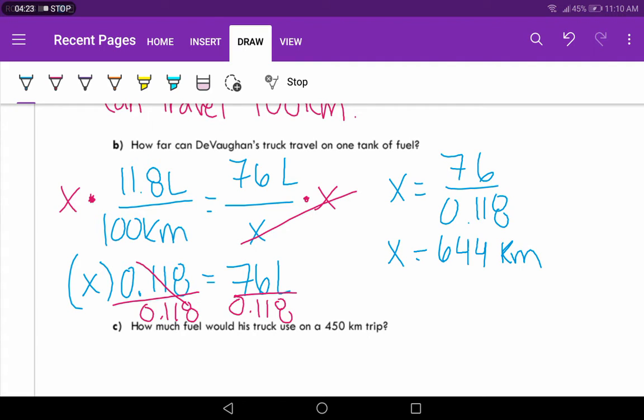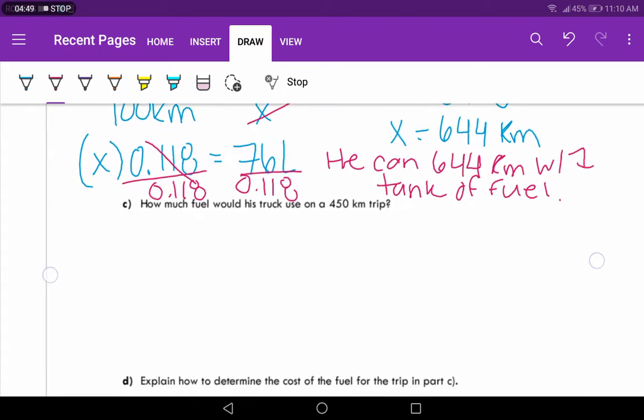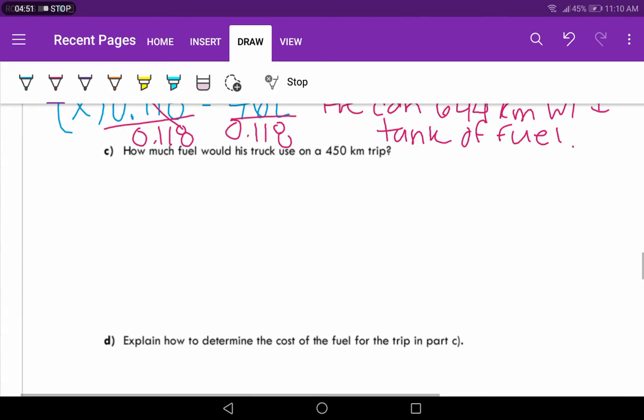Okay, always referring back to the question, understanding what we actually solved for. So the question was asking us how far can he travel on one tank of fuel, and we figured out he can travel 644 kilometers with one tank of fuel. Perfect.